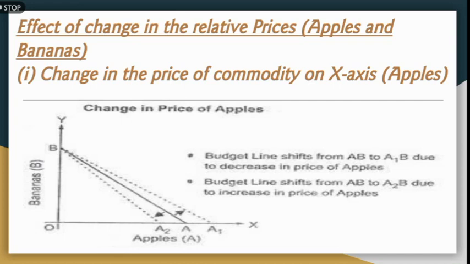If the price of apples decreases, the line will shift towards the right, because a decrease in price results in more demand, more purchase. So it will shift towards A1. And when the price of apples increases, it will shift towards A2, that is a leftward shift.